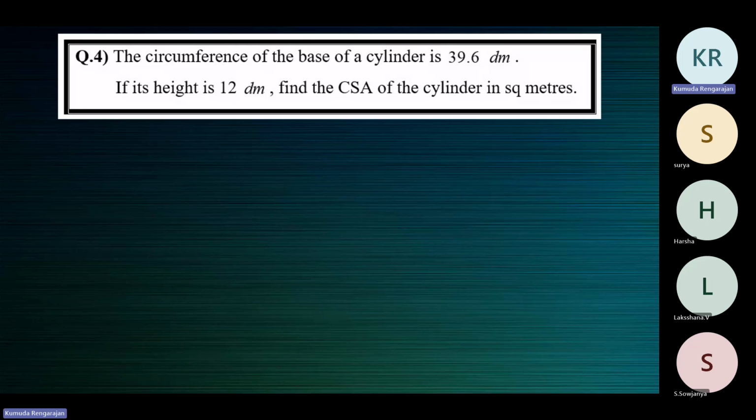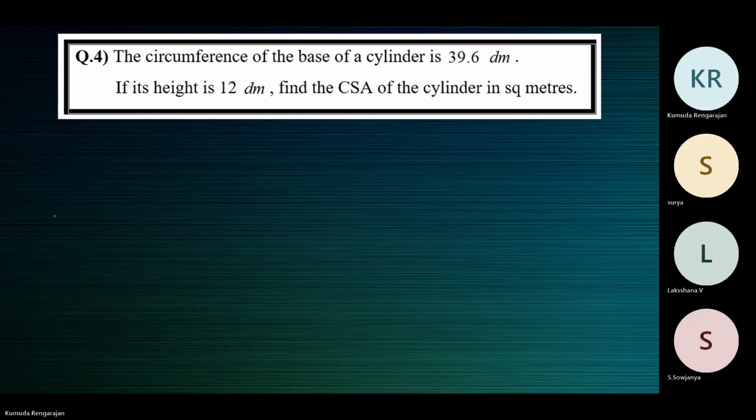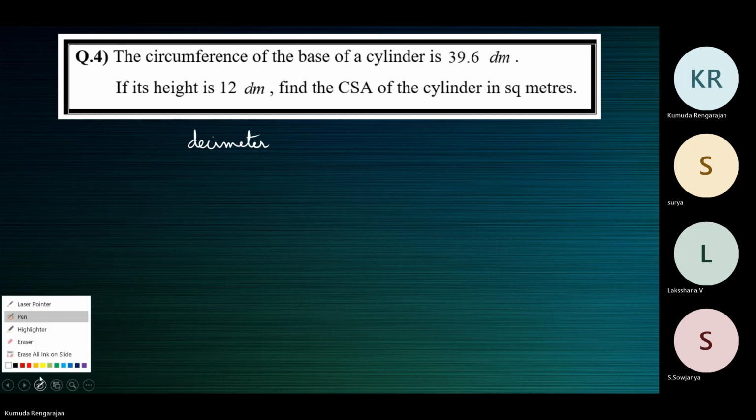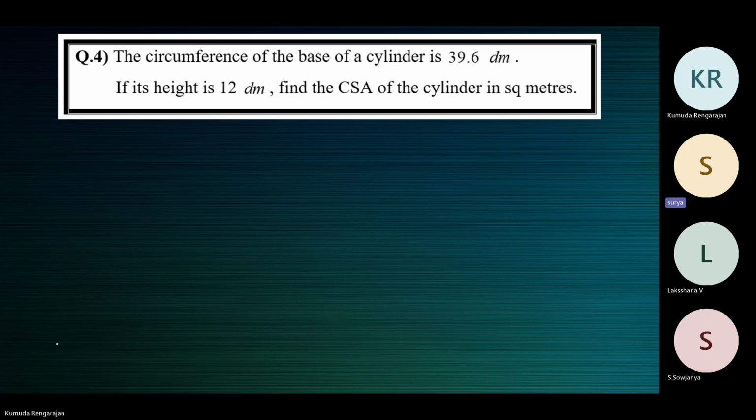Surya, tell us how to do this. Yes, ma'am. So the base of the cylinder is 39.6, and the height is 12 decimeter.